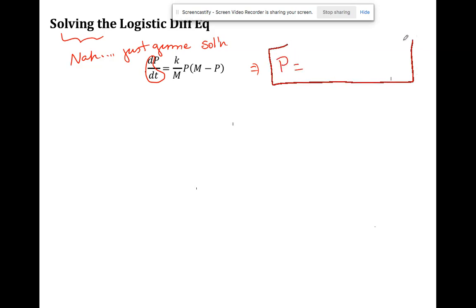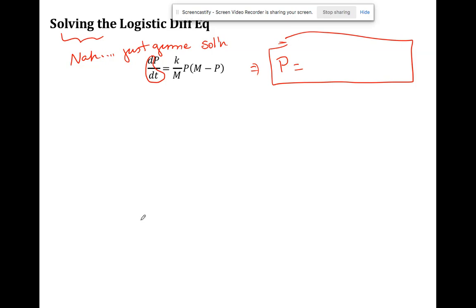So you don't have to take notes on this math because you don't want to do this. You want to be able to say, nah, just give me the solution. And remember, the solution to a differential equation is getting rid of the derivative. So the solution is P equals. That's what you want in your notes. You don't have to have all this math I'm about to go through. So if you want to just skip by it, fine. I will probably not be offended.